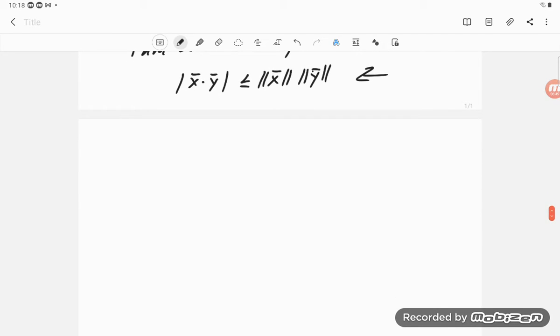So Cauchy-Schwarz, this is an interesting, I like the way they do this. So their proof of Cauchy-Schwarz is they'll take, well, first they point out that if this is the zero vector, then it's trivial, okay, because we just get 0 is less than or equal to 0.